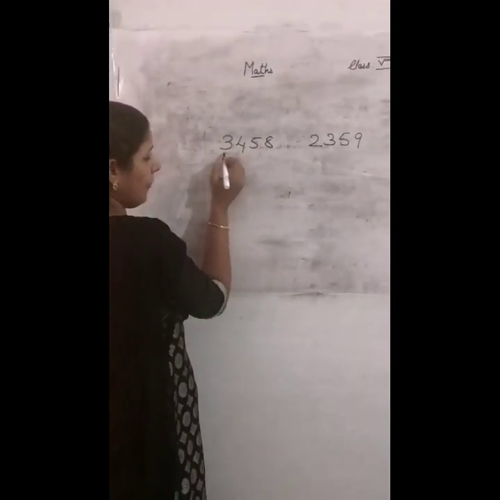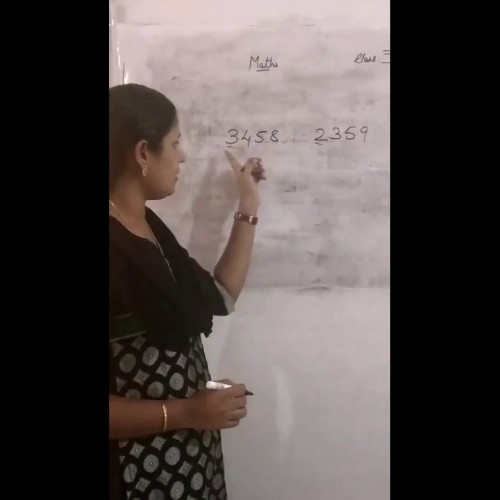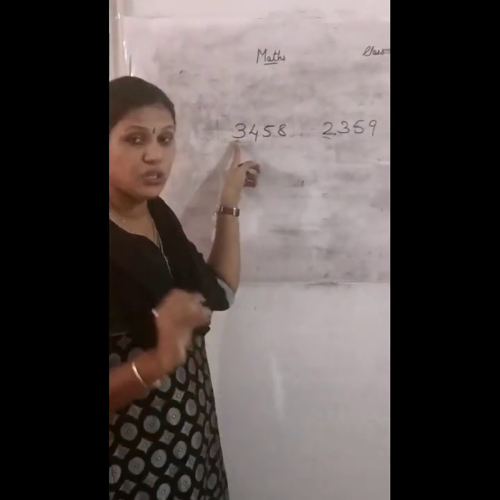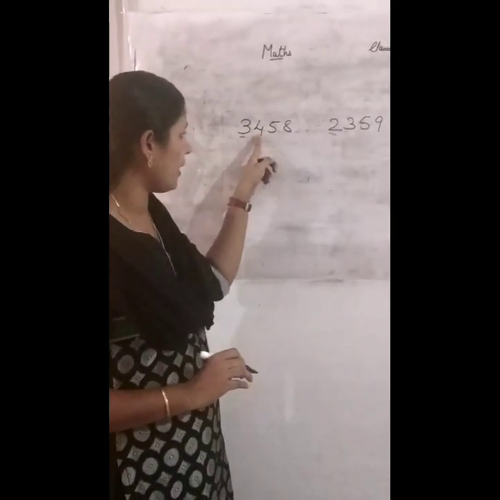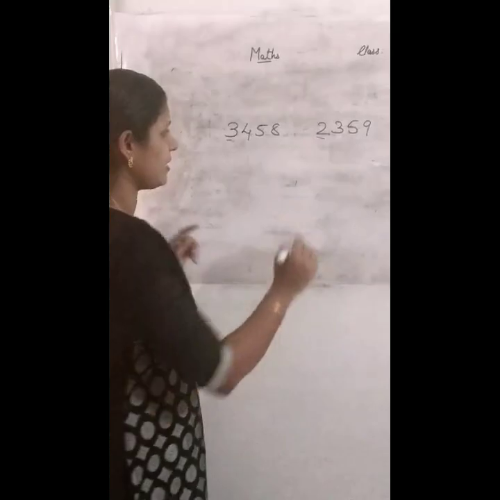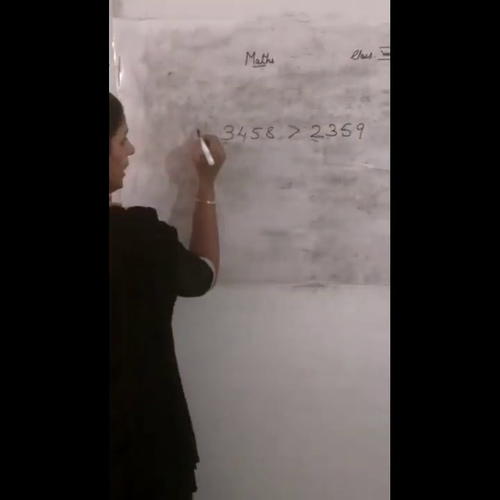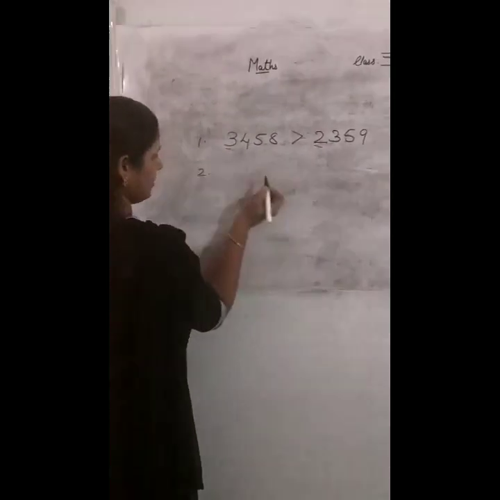From 3 and 2, which is the greater one? 3. So 3458 is the greater number. Like that, we can compare these two numbers.